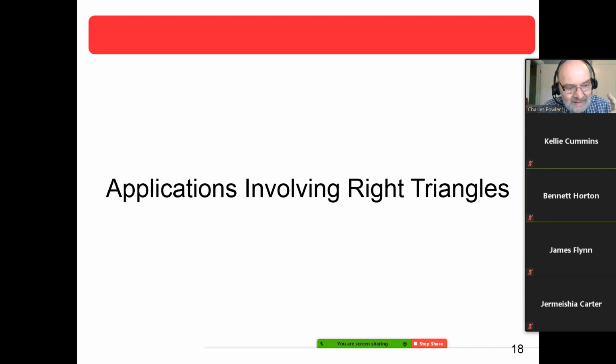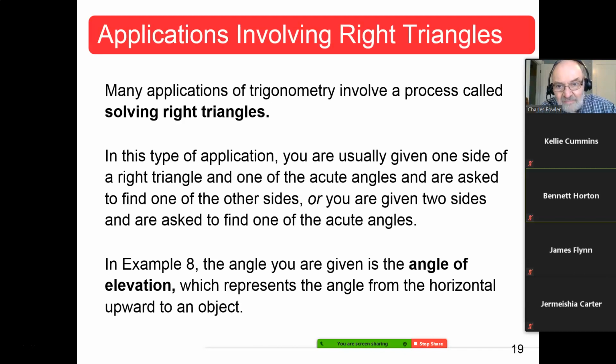Now we've been doing sort of the theory of it. Let's do some applications. Many applications of trigonometry involve a process called solving right triangles. Later, much later, we'll get to solving any triangle, but right now we're going to be solving right triangles. In this type of application, you're generally given one side of a right triangle and one of the acute angles.